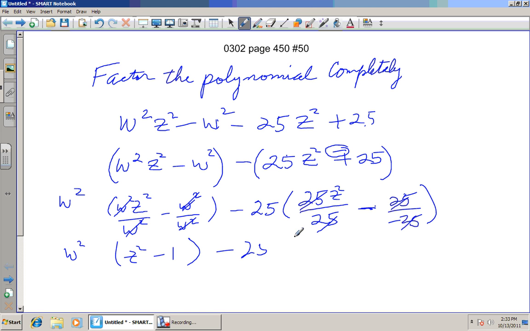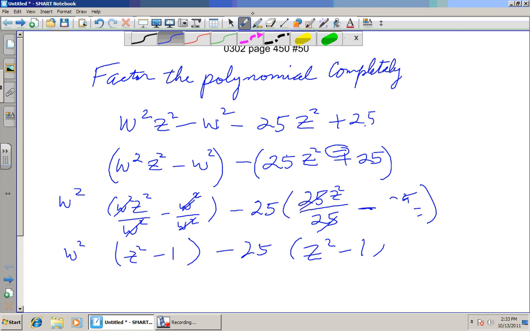And then when I do this, this should be z squared. I should have a minus 1. Okay, this is a plus. I made a mistake there. Let me go back there and get that right. This is 25 over 25.